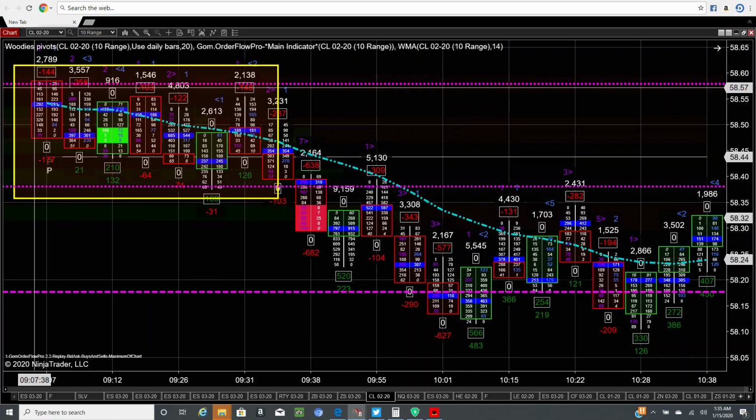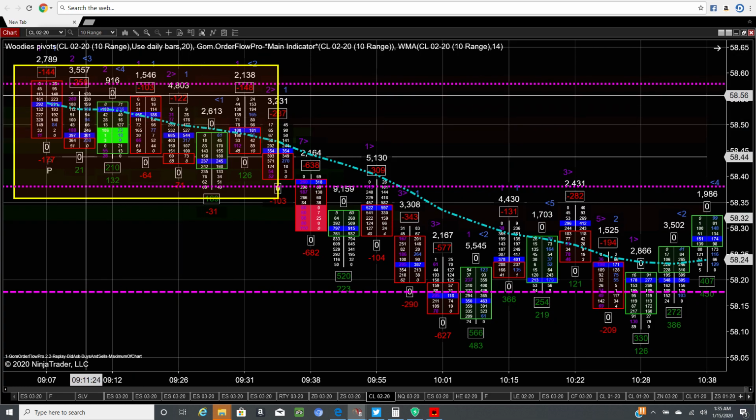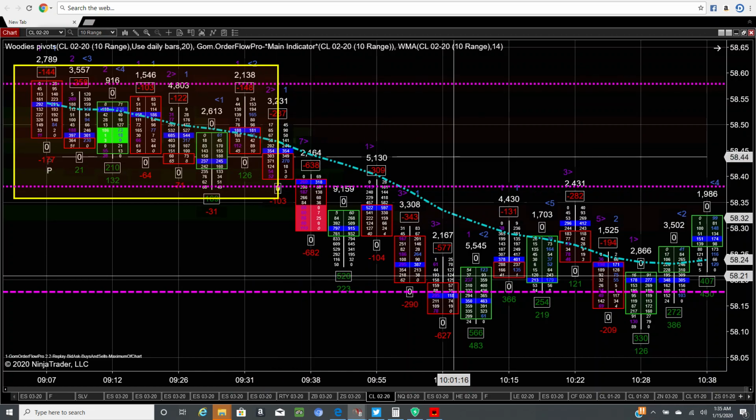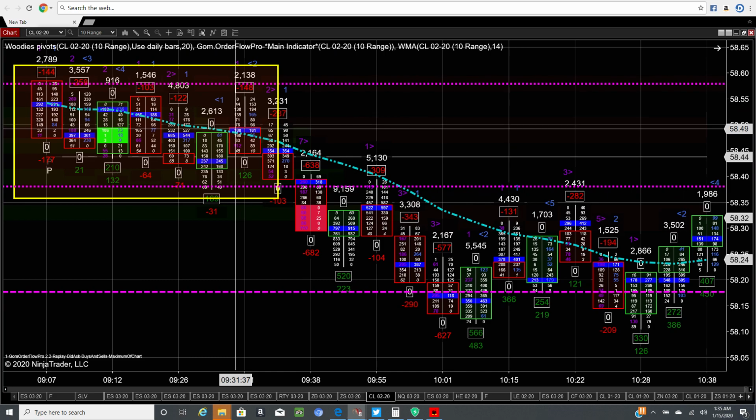So we know that there's a shift going on here. That the bears are in control, and it's only a matter of time before they break it. And they did break it. Not hugely, but they broke it.